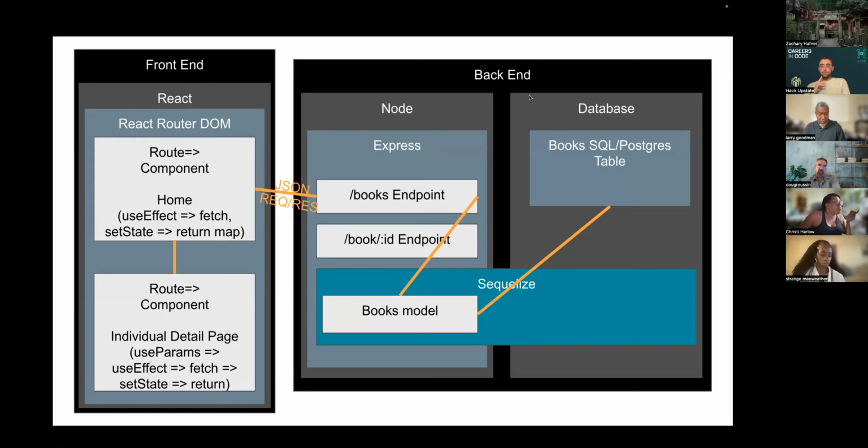Max, in that diagram, on the React side, would there be an orange line going from the route component, the individual detail page, to the book ID endpoint? Yes. Is that the one you were talking about? Yeah, I wasn't sure if it was going through the home somehow.